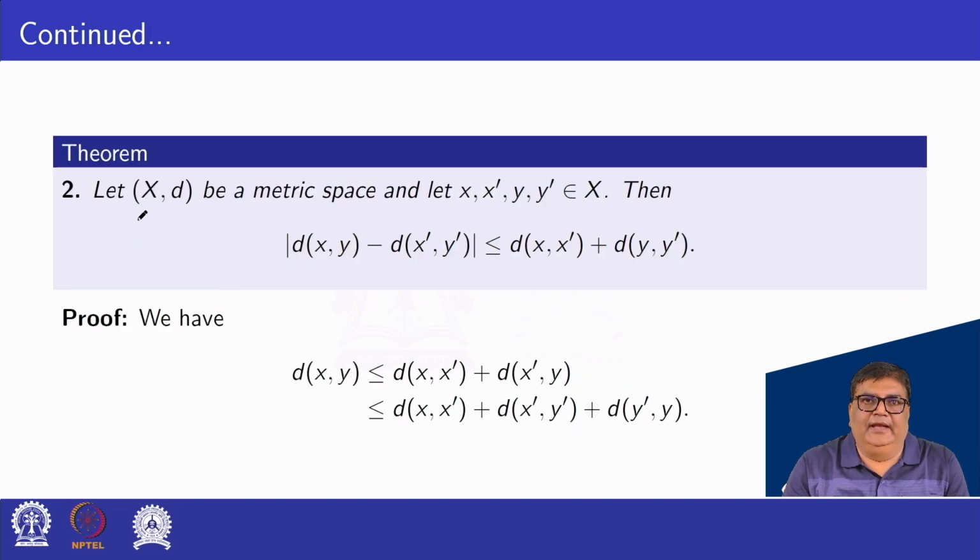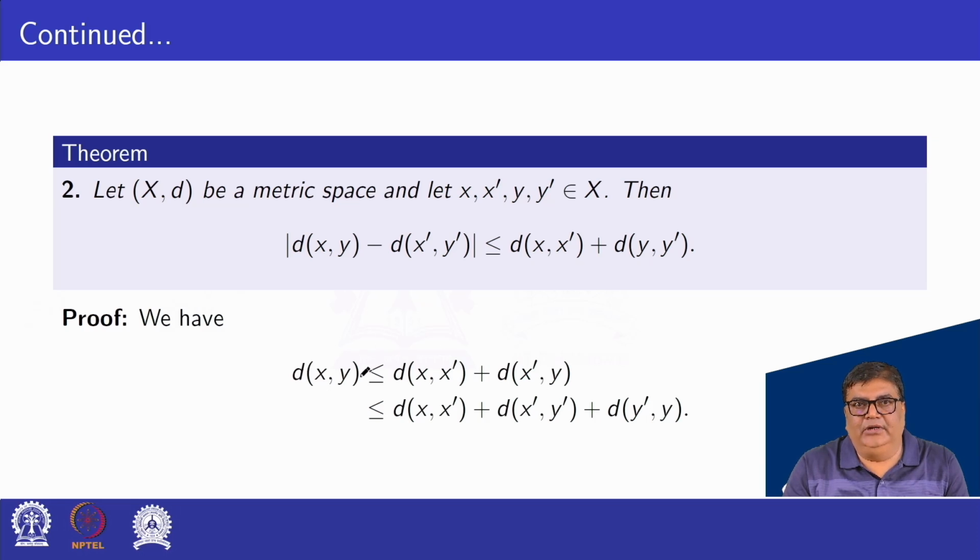Next theorem: let X be a metric space and let x, y, x', y' belong to X, these 4 points in X. Then the absolute value of d(x,y) minus d(x',y') is less than or equal to d(x,x') plus d(y,y'). Proof as above: d(x,y) is less than or equal to d(x,x') plus d(x',y).